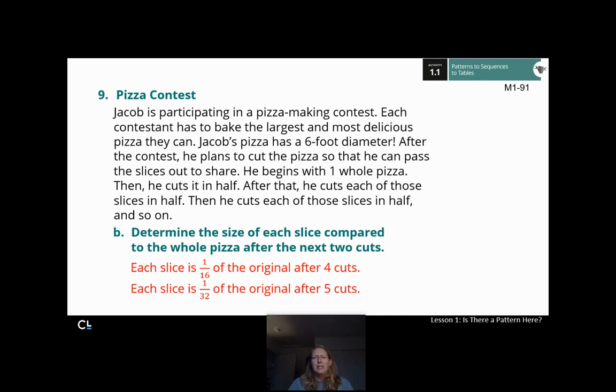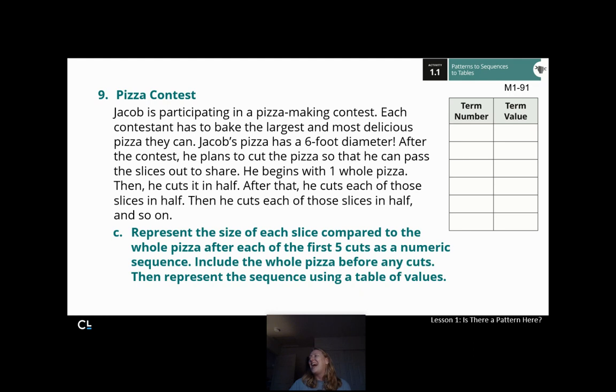I think it probably would have been easier if we did C before we did B, but in this case, this is how it goes. So represent the size of each pizza slice compared to the whole pizza after each of the first 5 cuts as a numeric sequence. Include the whole pizza before any cuts. And then we'll represent the sequence using our table of values.